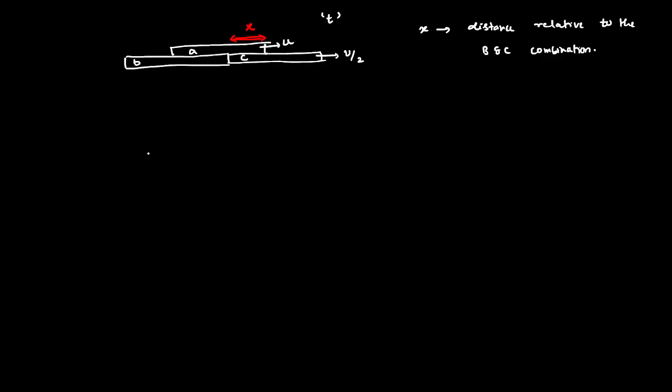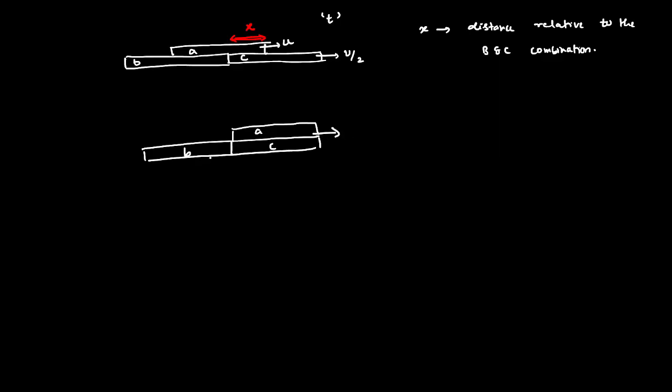Now, after some time, when A stops moving relative to this combination, let's say B is here, C is here, and A would be here on top of C, and this entire system would be moving with some collective speed.